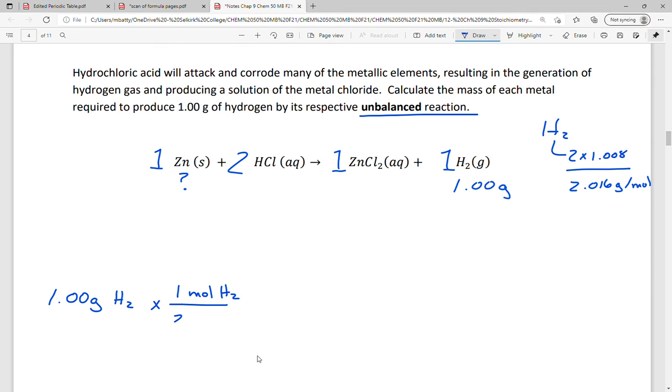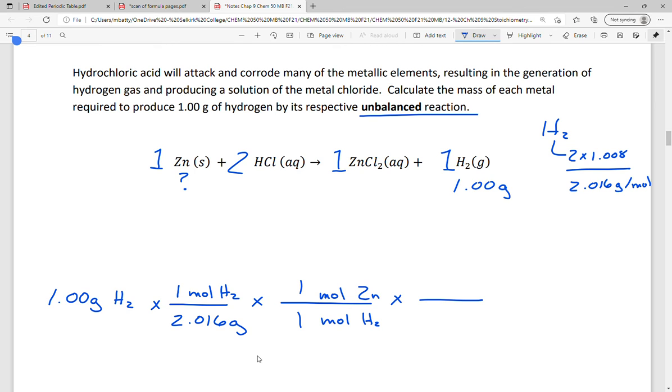And that's what we're using as our unit factor here. If I want to slide across from moles of hydrogen to the moles of zinc, I need those numbers from the balanced chemical equation. Both of them are 1, but by showing this, it completes your thinking and it backs up any mistakes you might make.